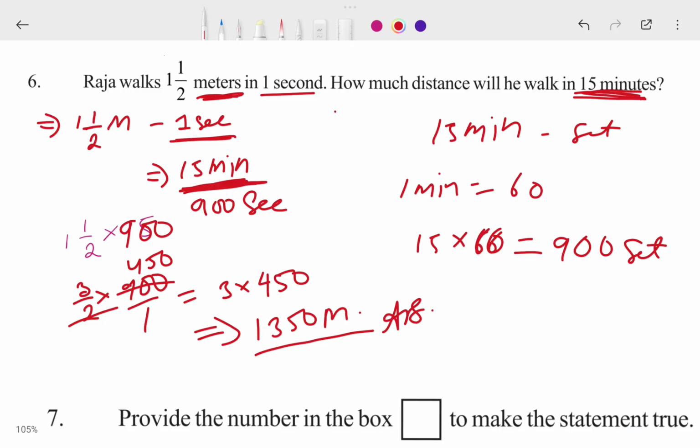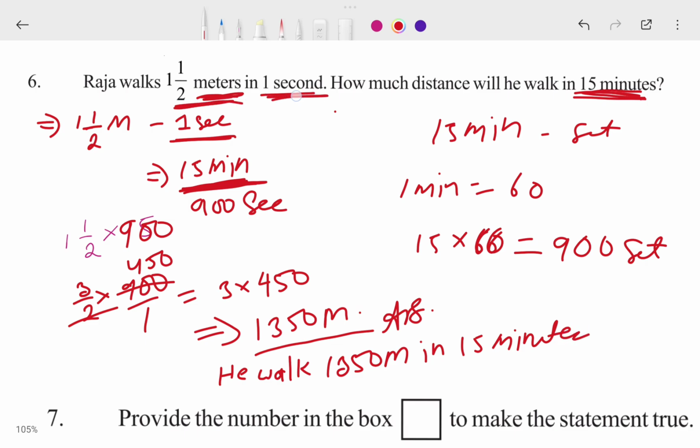So you can write he walked 1350 meters in 15 minutes, because it is given that much meter he walks in 1 second. So this is minutes, we have to convert into seconds.